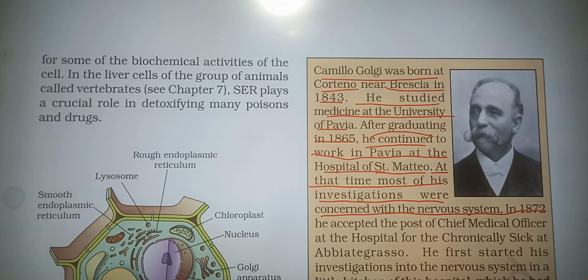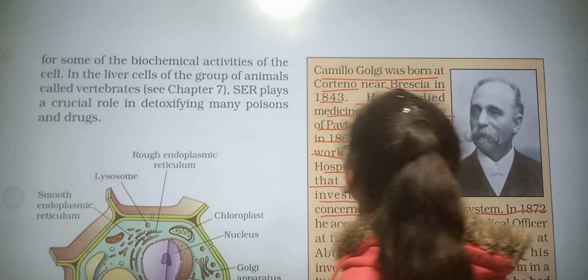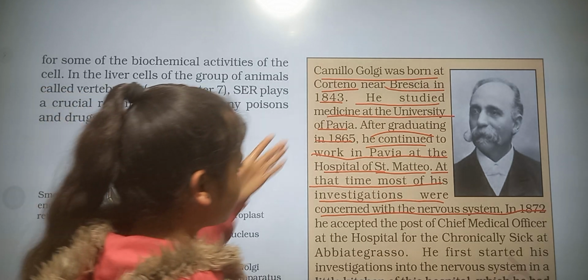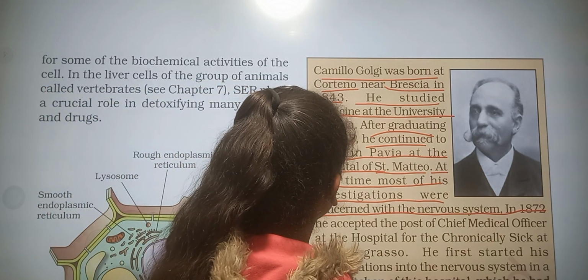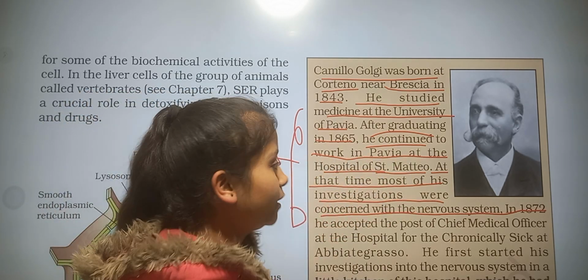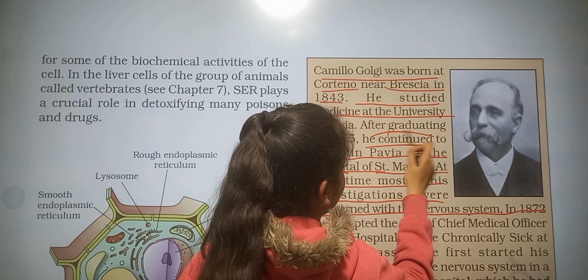It means Camillo Golgi was born at Corteno, the place where he was born, in 1843, and this is all about the education that he qualified.